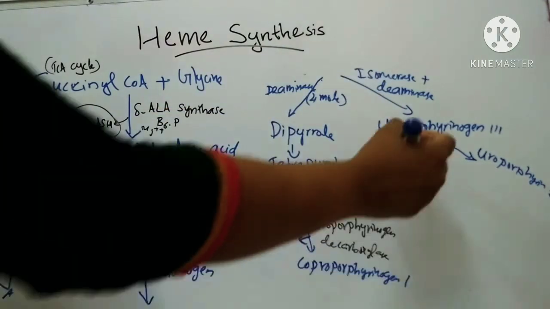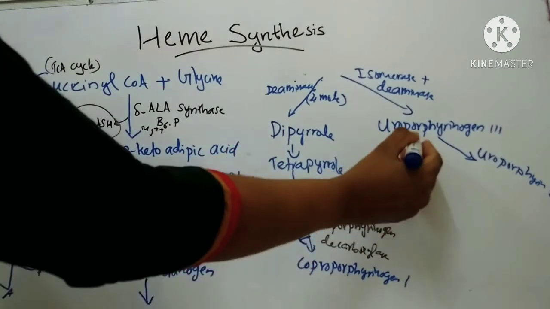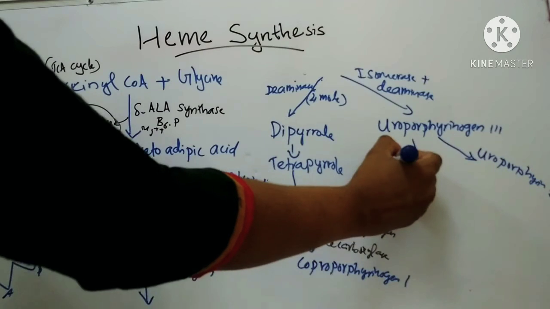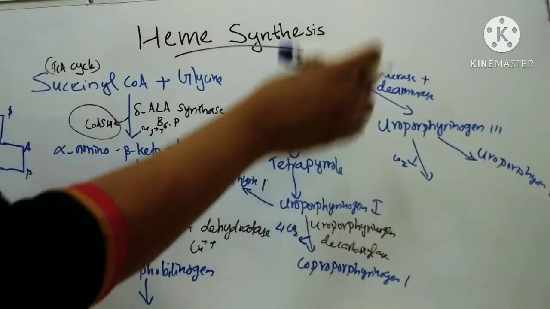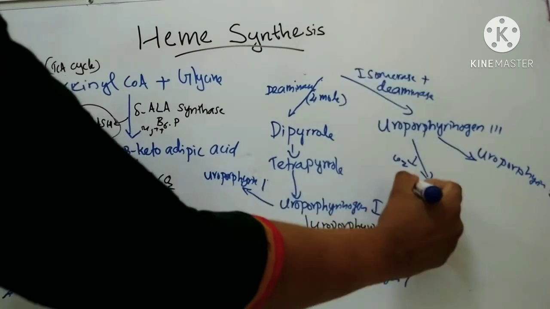Similarly, in the case of uroporphyrinogen 3, here also decarboxylation produces coproporphyrinogen 3. This is the major series.